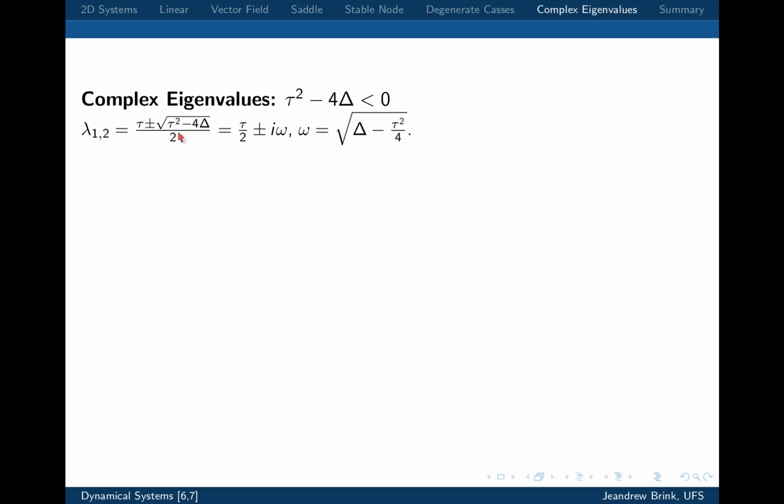So you have omega equals the square root of delta minus tau squared over 4. So omega is a real number, and we've put all our imaginary difficulty into the i over there.